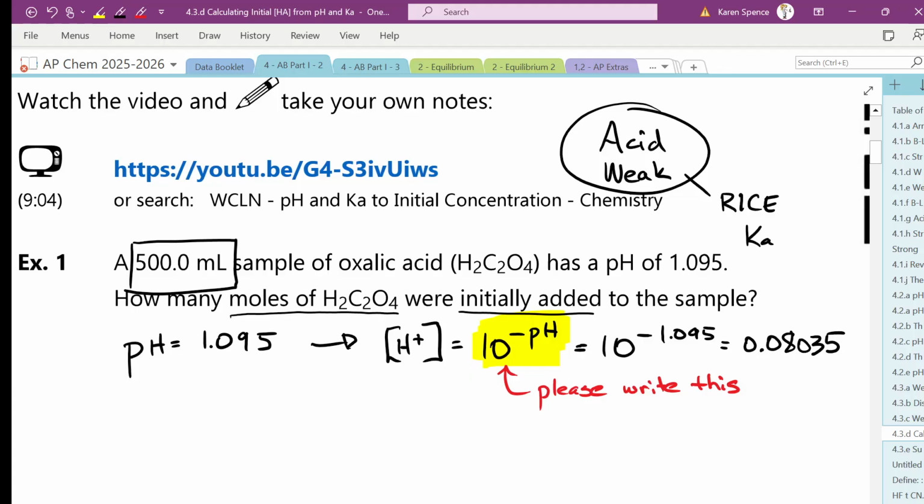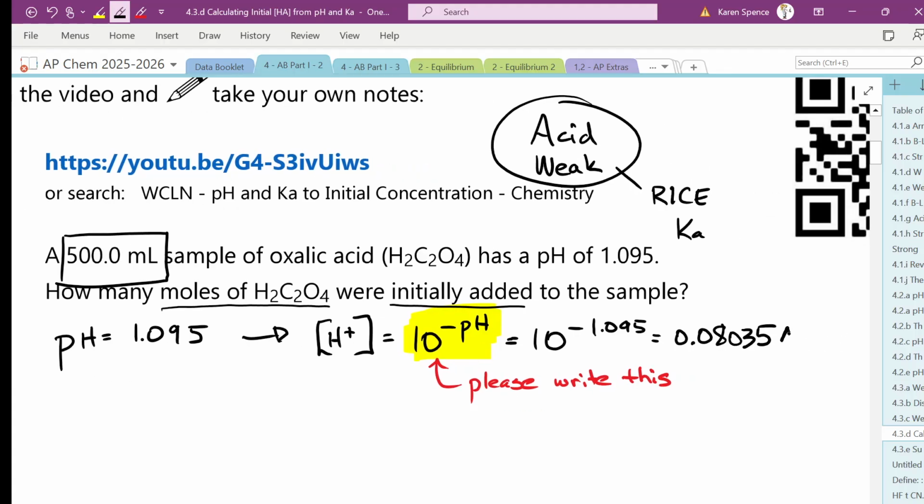So now you have a half a mark, because you can do that.